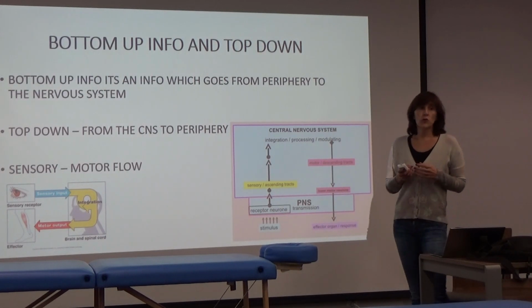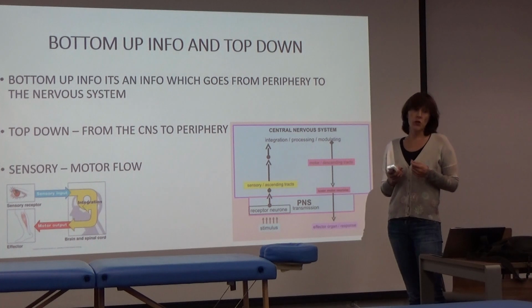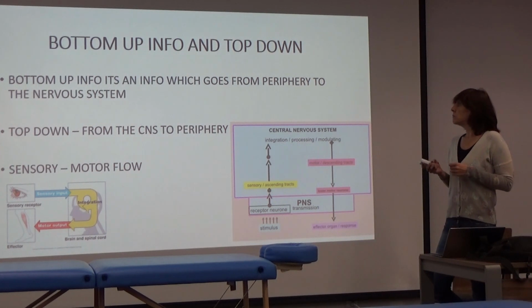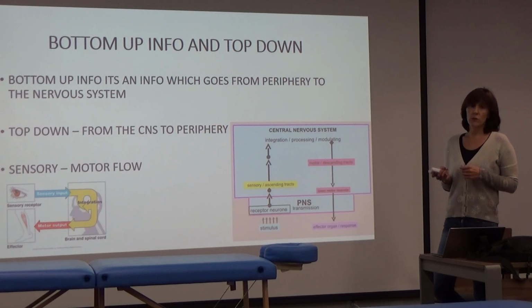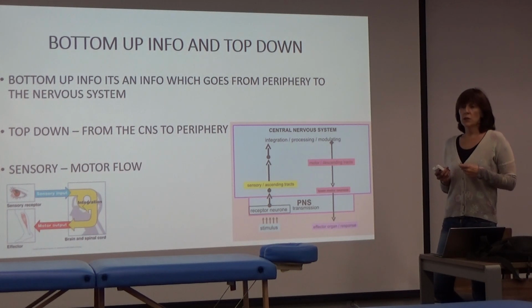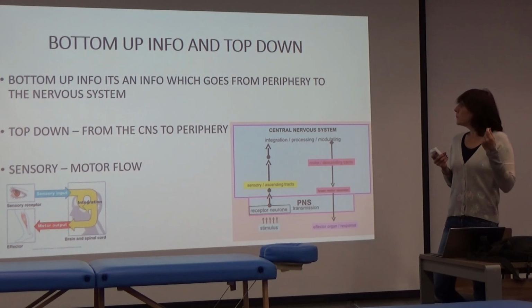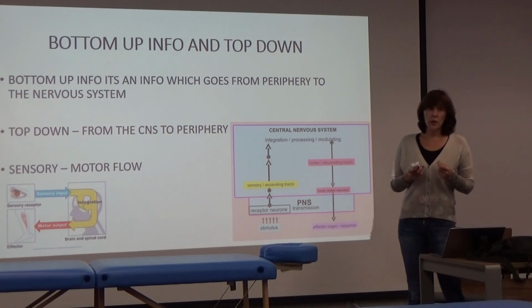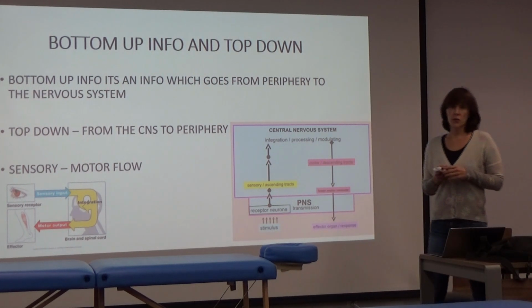And basically we've got two main streams of information flow. One information is coming from the bottom up, from the external environment and from our internal environment to the nervous system, and then we get a top-down response from the central nervous system to the periphery. And mostly we communicate with the world through our muscles.